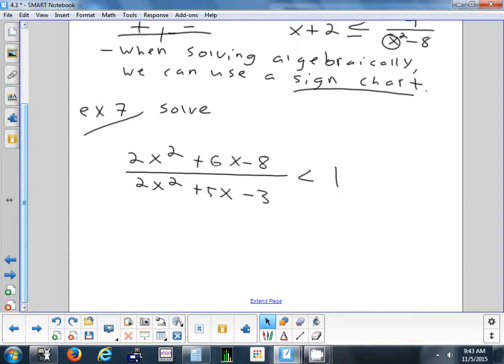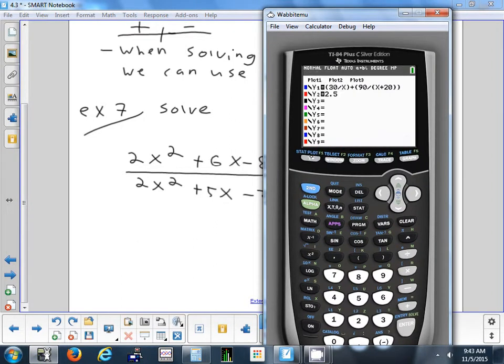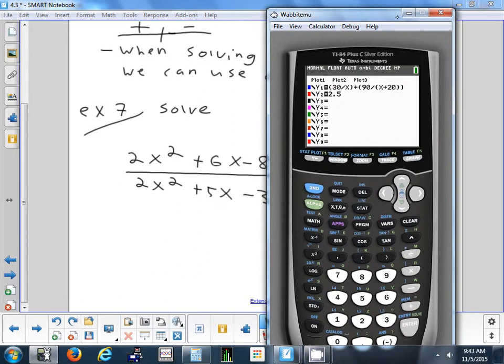Hardest thing here is just typing it all in carefully. So we've got 2x squared plus 6x minus 8, divided by 2x squared plus 5x minus 3, and I'd use parentheses.